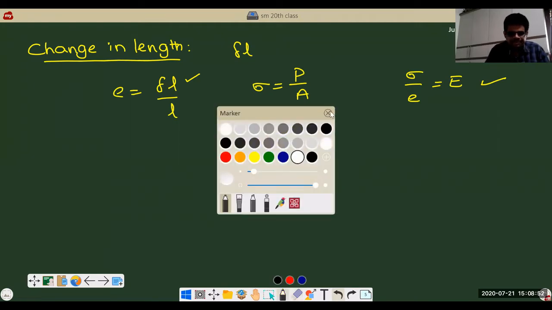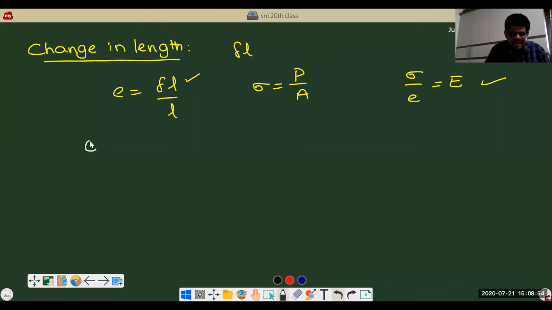So we know that E is equal to sigma by e. But we also know that sigma is equal to P by A. So that's why P by A into small e. Right. So we got E is equal to P by A into small e.